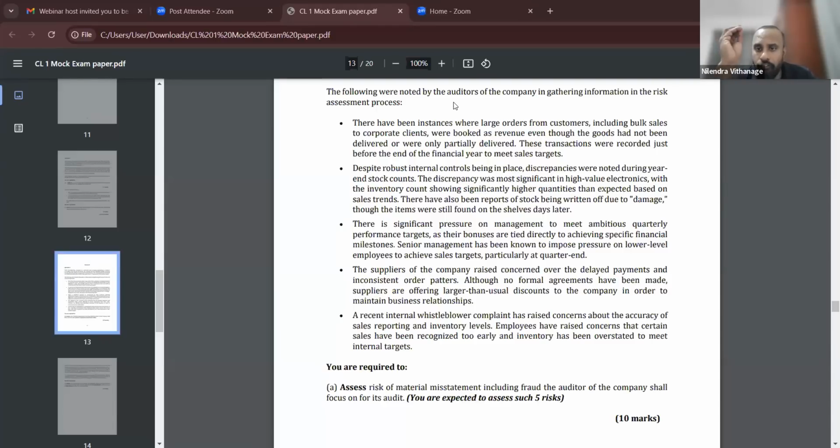Although no formal agreements have been made, suppliers are offering larger than usual discounts to the company in order to maintain business relationships. Unusual discounts are also given.